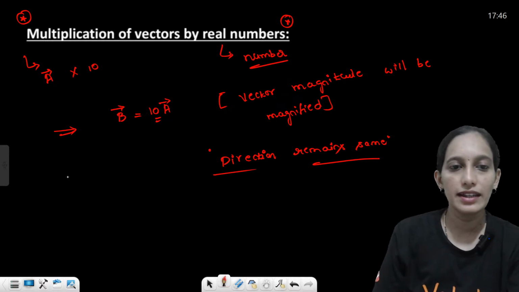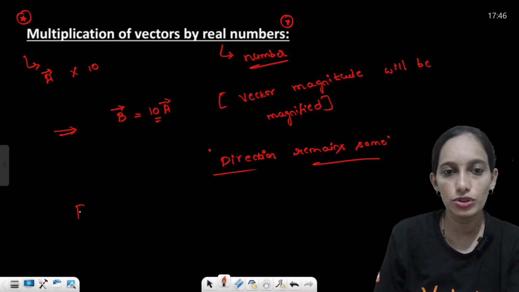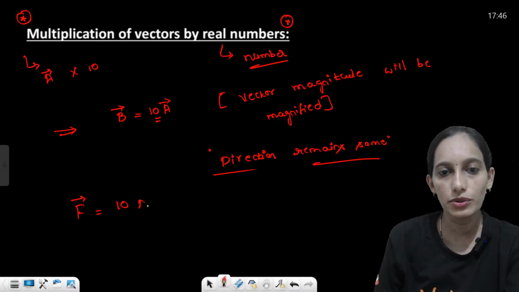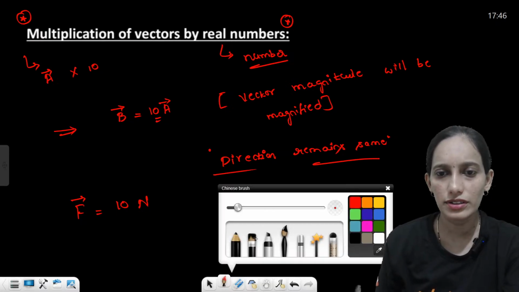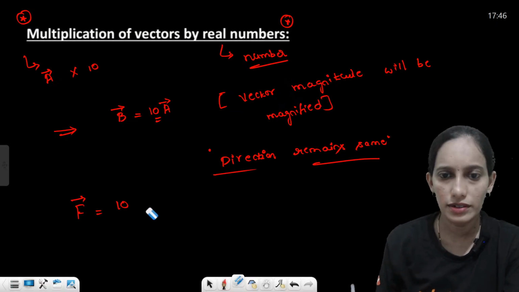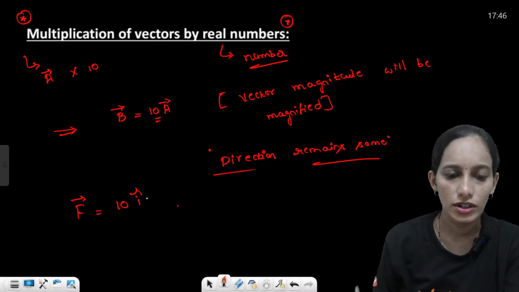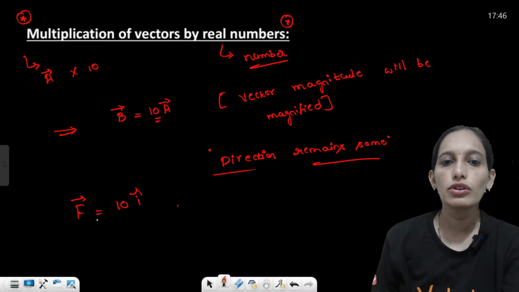For example, let me take again the force example which we took. We have a force of 10 Newton, let us say, along some direction. I'll just take 10 I cap only. Unit is Newton, so right now I'm not mentioning it here. So F is 10 I cap.